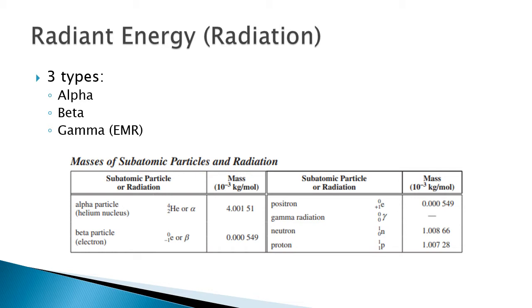A beta particle is essentially an electron, and you see how it's denoted and the mass of the beta particle or electron. On the other side, you see other subatomic particles or radiations and their masses. Gamma radiation has no mass, and it is purely energy. This is all from your data booklet on page 8.